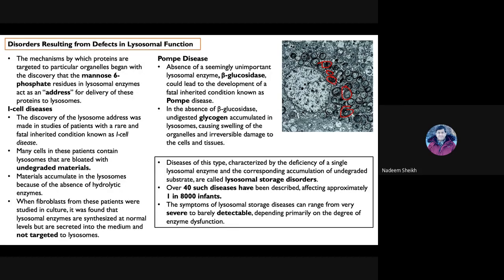A stage can even come where the complete lysosome of a cell, the complete cytoplasm, is covered with lysosomes, and the cell will have everything pushed aside. So these kinds of diseases are referred to as lysosomal storage diseases or storage disorders, because their enzymes are non-functional, and the substrate is going to accumulate in the lysosome, and it is going to create trouble for the cell. 40 such diseases have already been reported, and the ratio, not percentage, is 1 to 8,000.